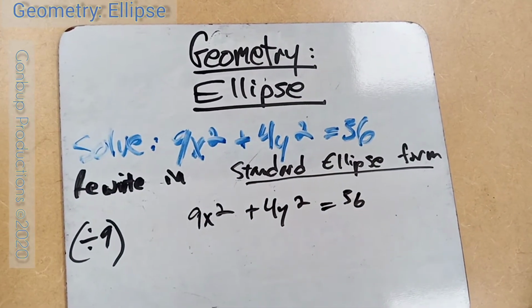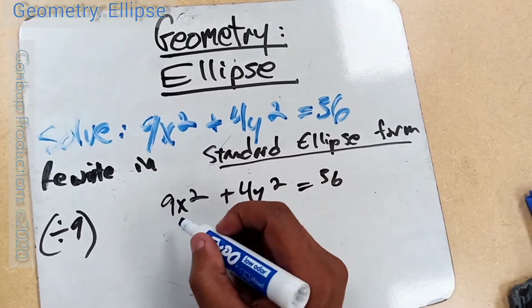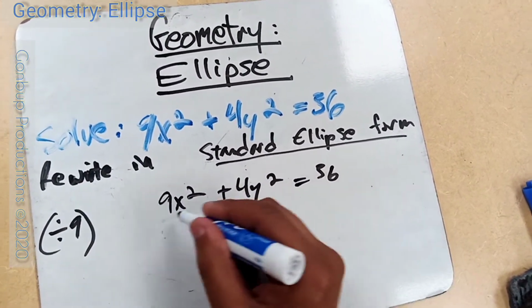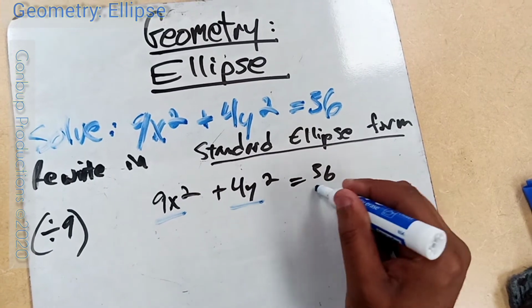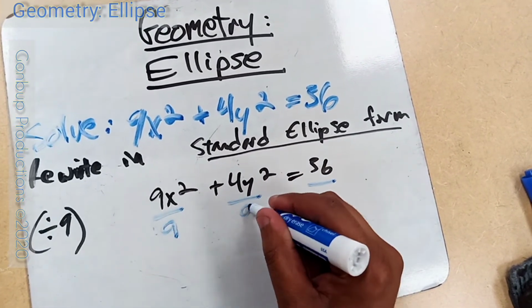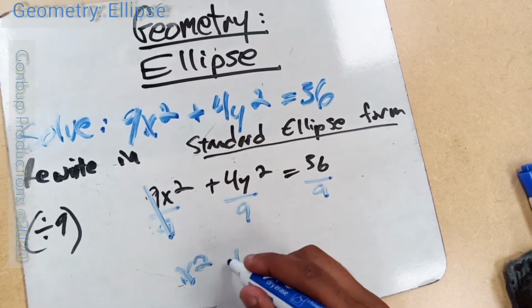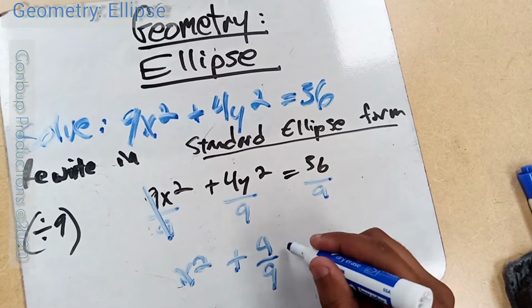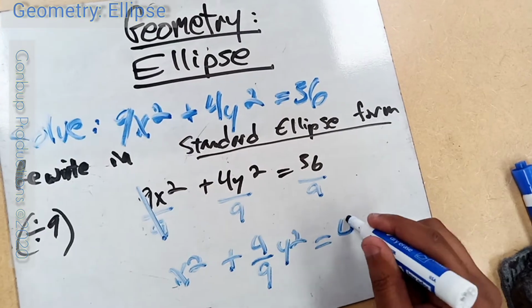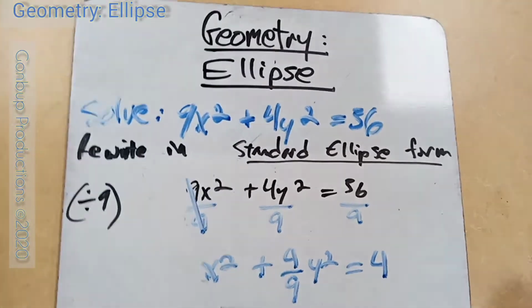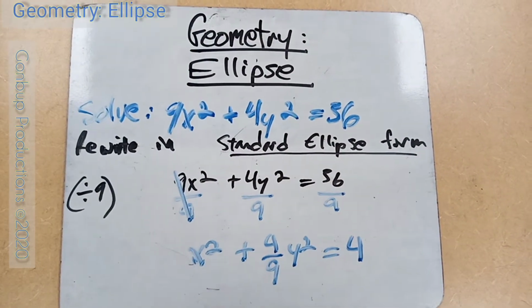Once we divide out, 9 divided by 9 equals 1, so that cancels. And 4 divided by 9 is simply 4/9, and 36 divided by 9 is 4. All right, so we have x squared plus 4/9 y squared equals 4.